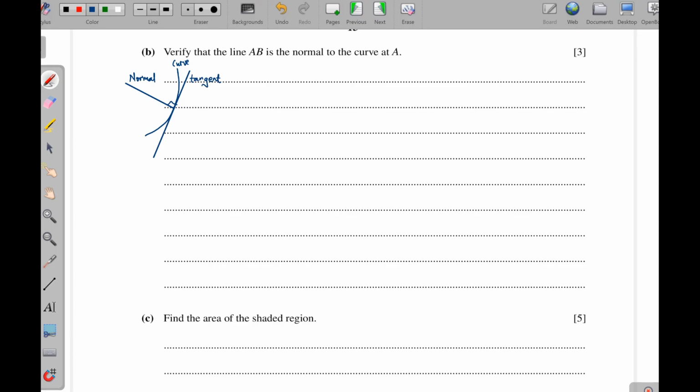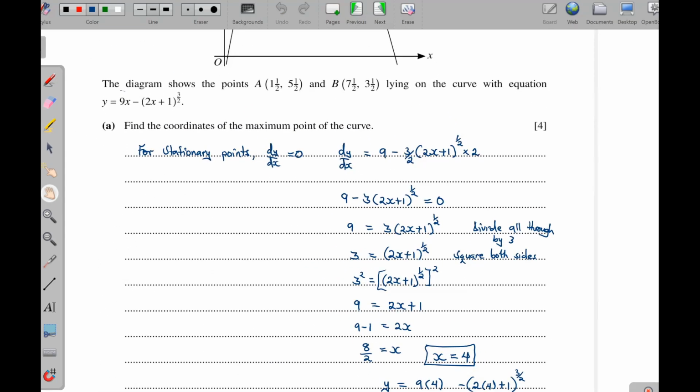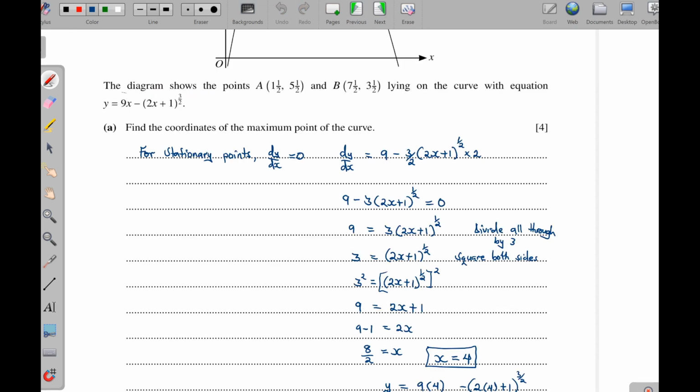So they said at A, when we go back to A, here, this is 3 over 2, and then this is 11 over 2. So at A, which is 3 over 2 and 11 over 2, dy/dx, which happens to be the gradient of the tangent, will now be, what is our dy/dx? Our dy/dx is this whole thing here.